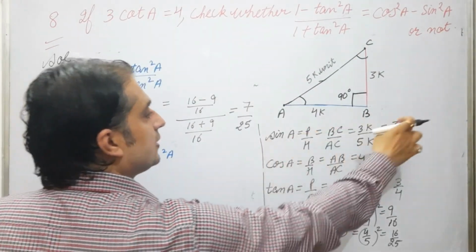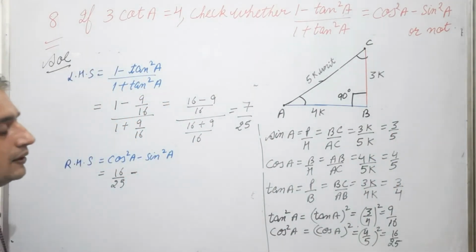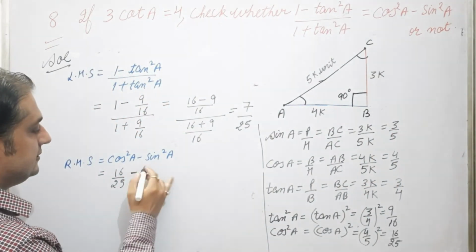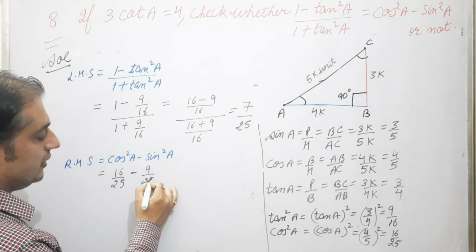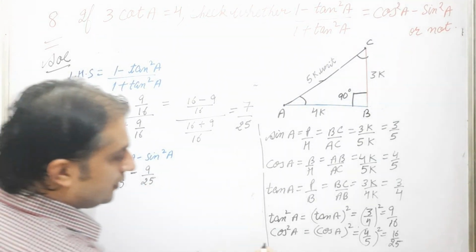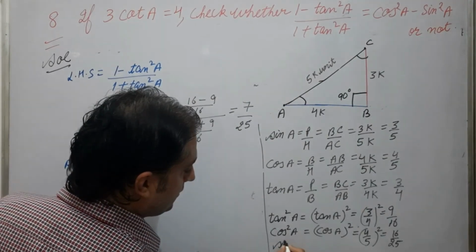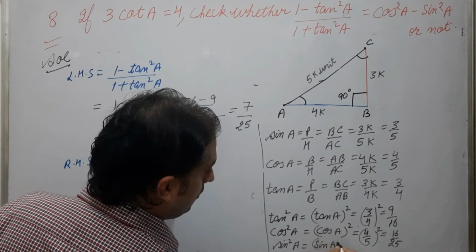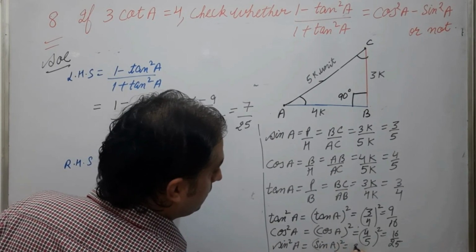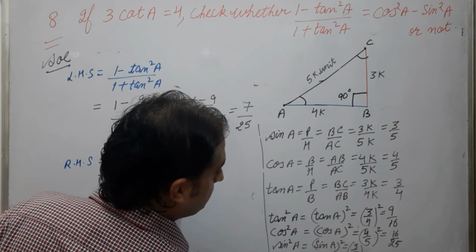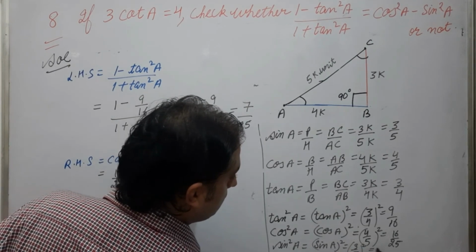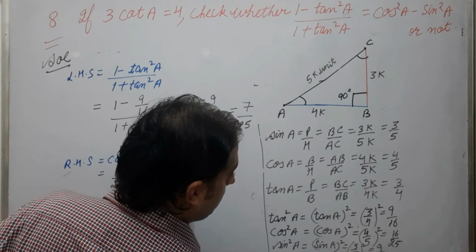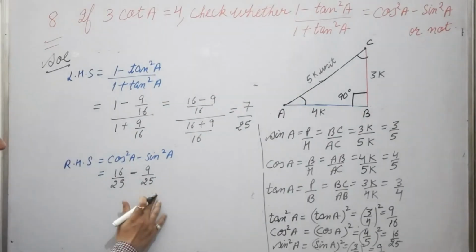Sine square A is the square of this numeral, that is 3 upon 5, that is 9 by 25. You can write sine square A is equal to sine A whole square, or it will become 3 by 5 square, that is equal to 9 upon 25. So this is the value.